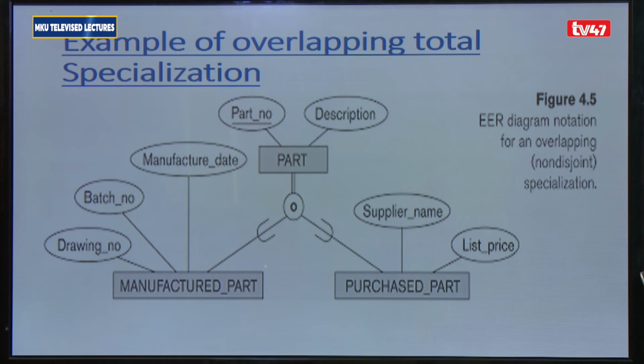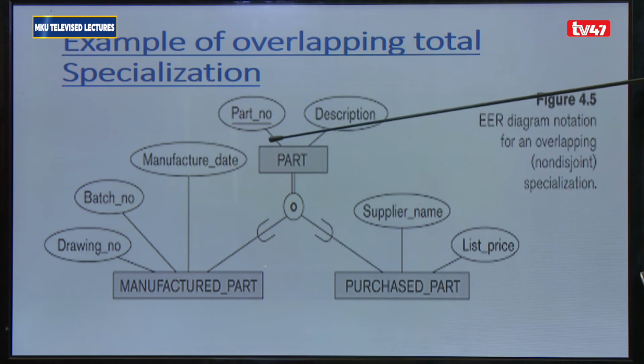So the case that we are modeling in this case is a manufacturing company. Some of the parts that they use for their manufacturing, they manufacture those parts themselves. But there are some other parts that they purchase from other manufacturers.